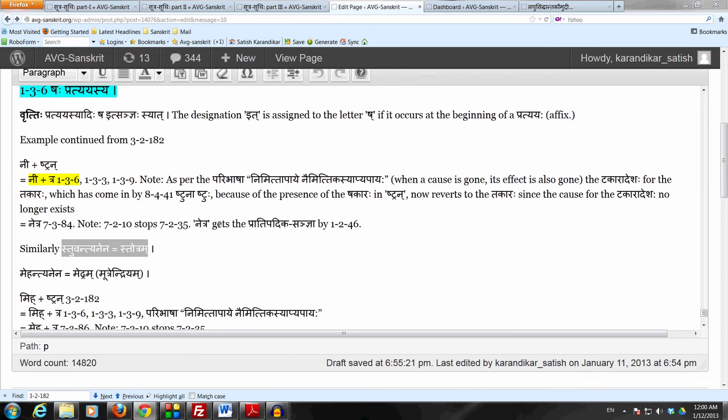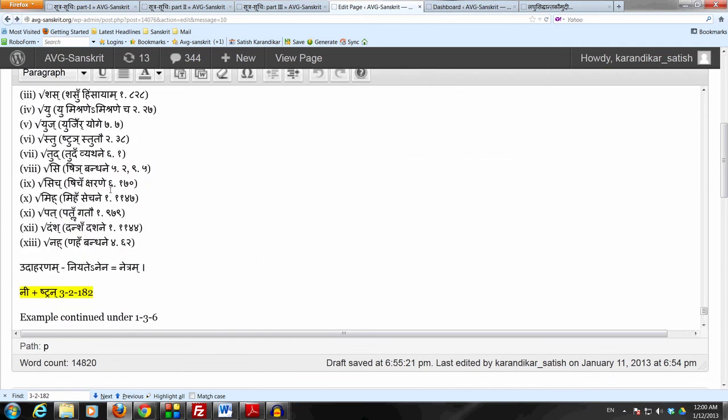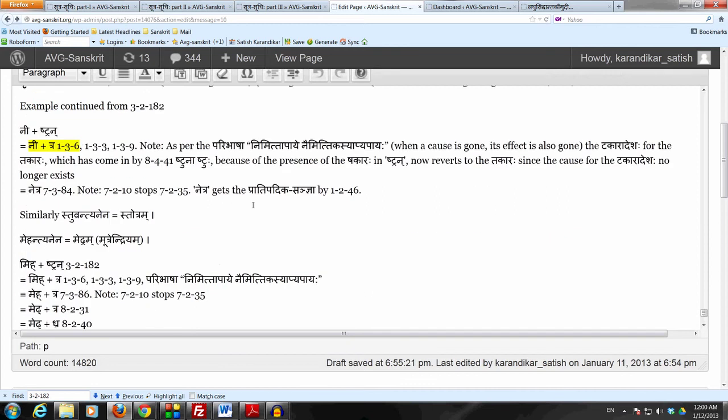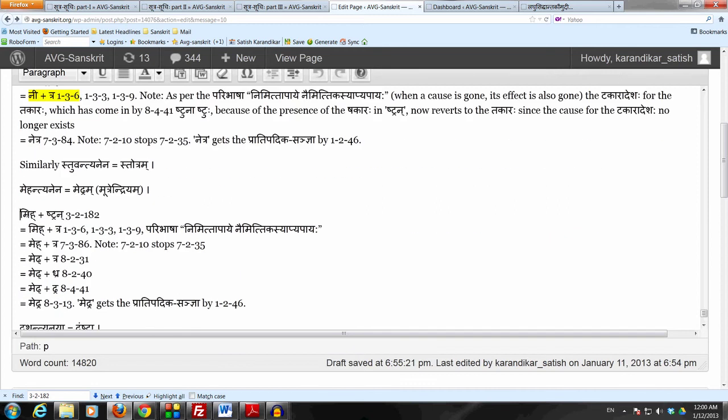Let's take the verb mih, which is mihaḥ sechane from the bhvadi gana, verbal root mih. Now here we have to do some sandhi karyam, so the first steps are similar. We take mih plus strun by 3.2.182, then the adi murdhanya shakaraḥ gets the it sanjna by shaḥ pratyayasya, the ending nakara takes it sanjna by halantyam tasya lopaḥ, then by the paribhasha nimittāpāye naimittikasyāpāyaḥ, the ṭakara reverts back to takara and we get mih plus tra.